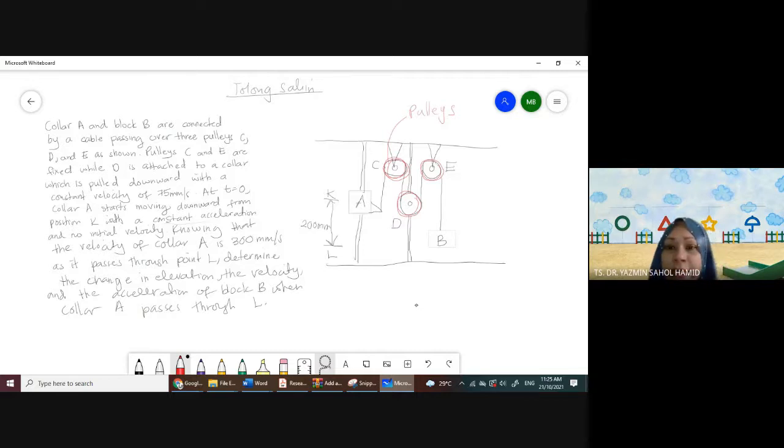So collar D is pulled downward with a velocity of 75 millimeter per second.